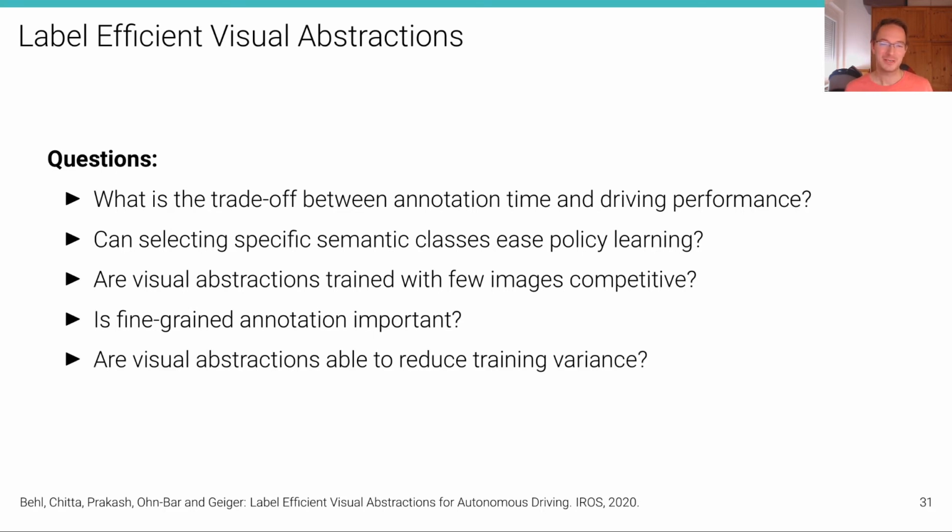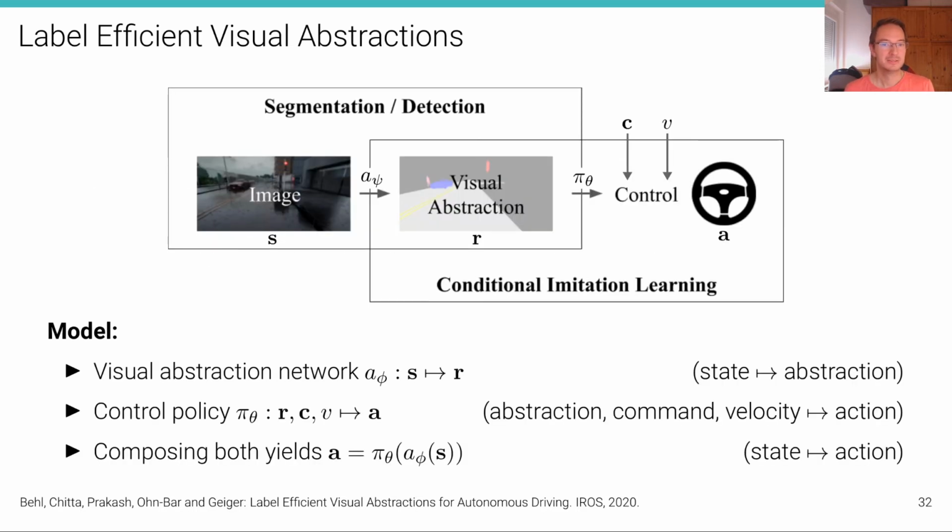And are visual abstractions able to reduce training variance, which is a common problem that appears when training end-to-end driving models? Here's the model that we consider. It's a standard visual abstraction model where an input image, the state or observation S, is converted using a neural network, a visual abstraction network A with parameters psi, into a visual abstraction.